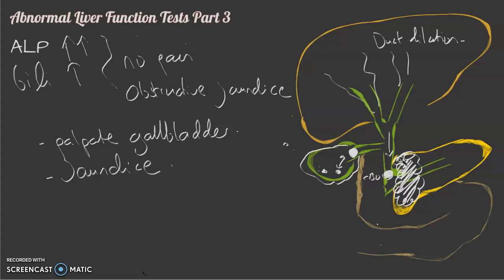Now, we talked about pancreatic cancer or CBD stone causing obstructive jaundice, but there is another condition called Mirizzi's syndrome. I don't know if I'm going to spell this 100% correctly.